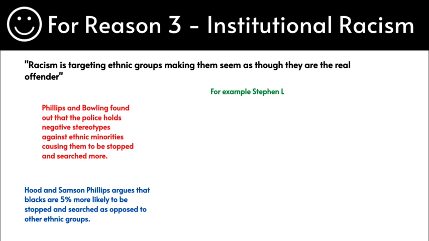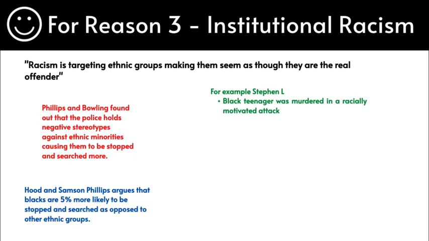Okay, I'm going to give you an example. This is a real example of Stephen Lawrence. Some of you might remember Stephen Lawrence from various educational sources, or from the news because it was very topical. He was a Black teenager, a student, and he was murdered in a racially motivated attack.